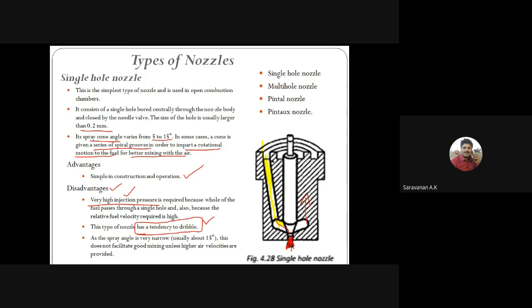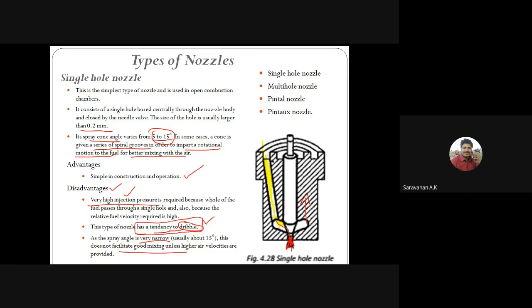Here we are using a spray angle around 5 to 15 degrees, which is very narrow. So it will not create a good mixture of the fuel and air. These are the disadvantages of the single hole nozzle.